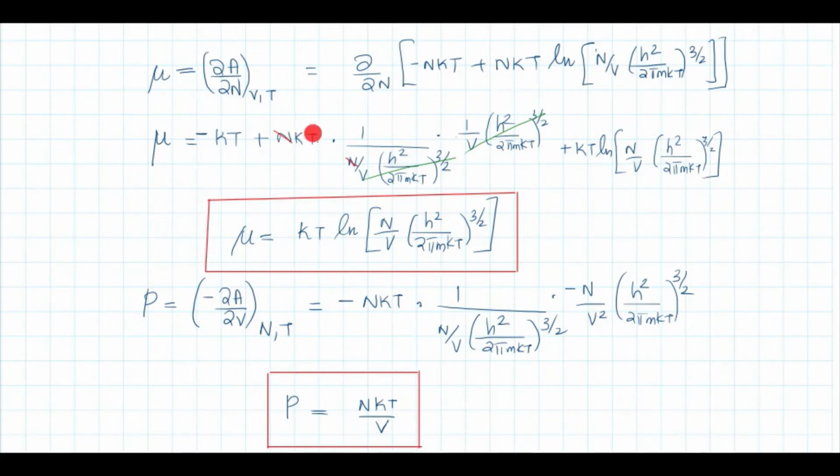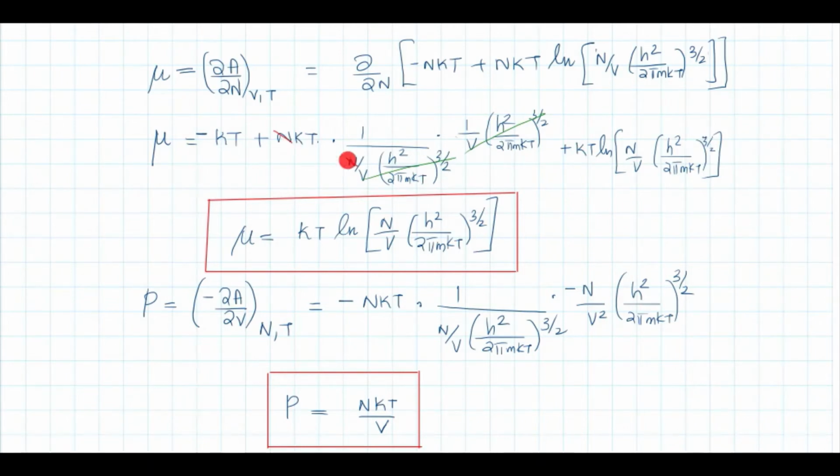So first term nkT into the derivative of the second. What is the derivative of a logarithm? It is 1 divided by (n by v h square by 2 pi m kT raised to 3 by 2), into the function of a function. The derivative of this term will give you 1 by v h square by 2 pi m kT raised to 3 by 2, plus the logarithm of this quantity into the derivative of nkT, which will give you kT into the logarithm of n by v h square by 2 pi m kT raised to 3 by 2.